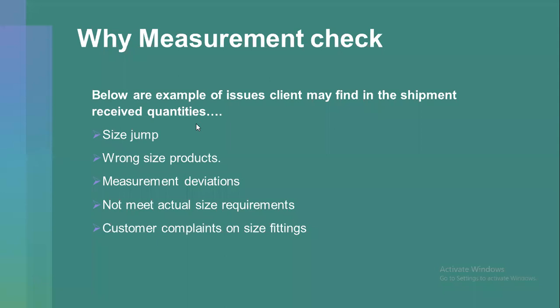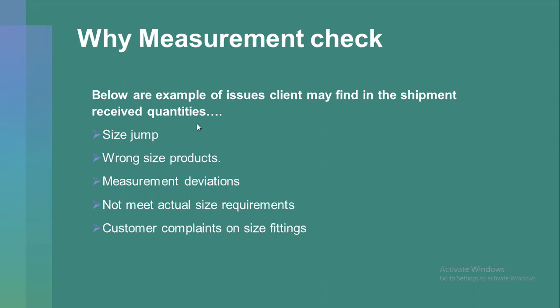During measurement check, what we are going to eliminate is size jump, wrong size product, and measurement deviation beyond the tolerance. So not meeting actual size requirements, customer complaints on size fitting.